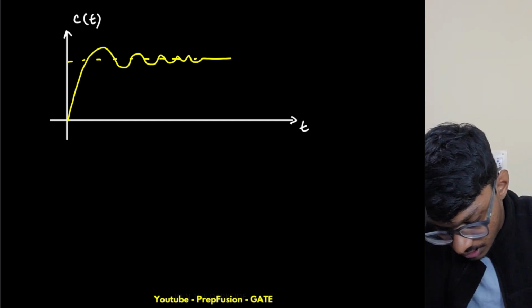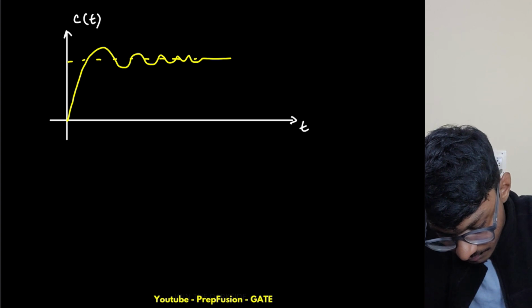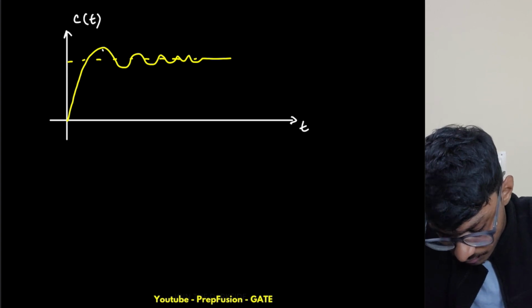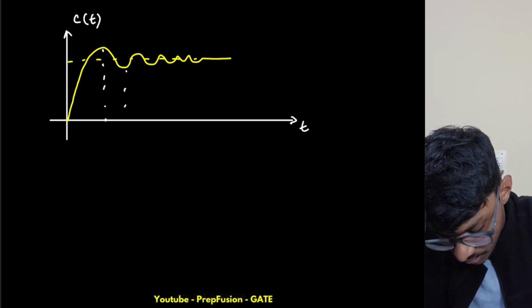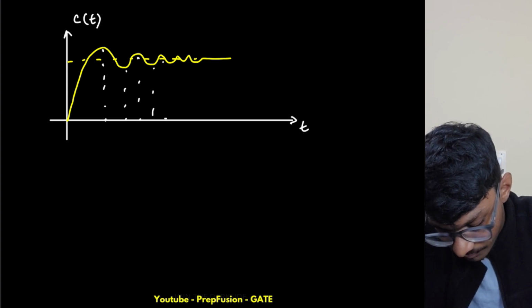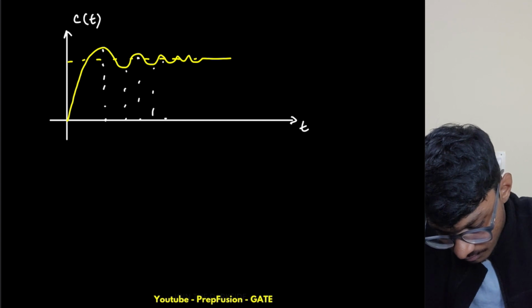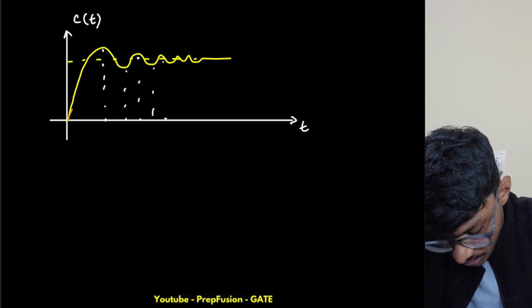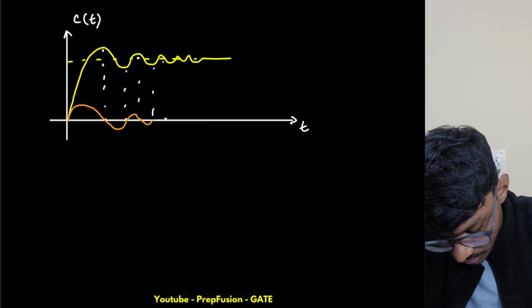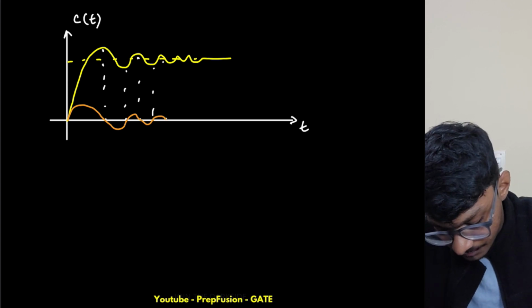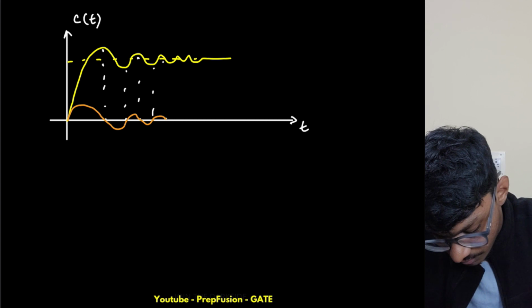so let me just draw two things. Let me first draw two things, then I will explain you. Here, let me just mark the maxima and the minima points. So here it is positive, here it is negative, here it is positive, here it is negative and positive, like this. And let me mark another point.